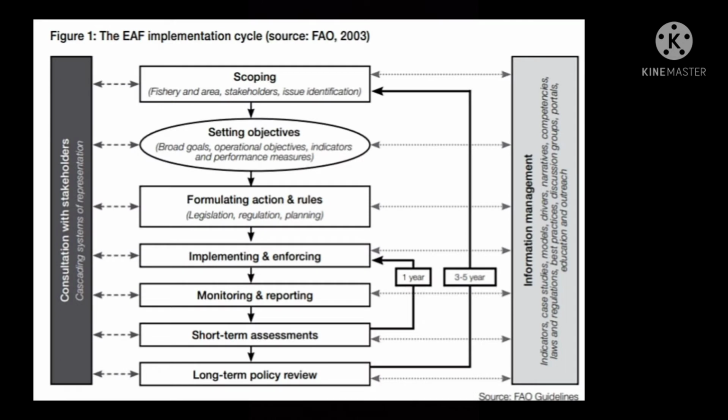Figure 1. The ecosystem approach to fisheries implementation cycle, source FAO 2003. First step is scoping: fishery and area, stakeholders, issue identification, down to setting objectives: broad goals, operational objectives, indicators, and performance measures.